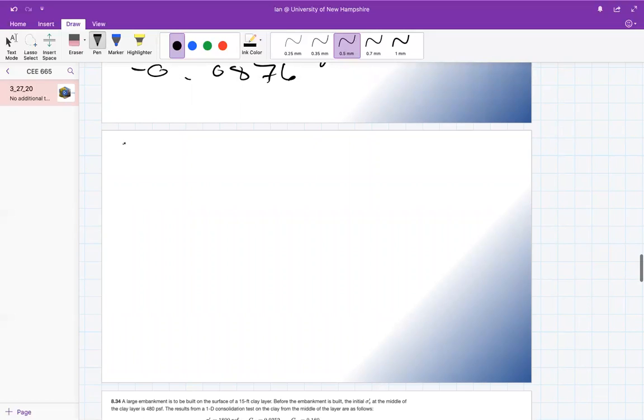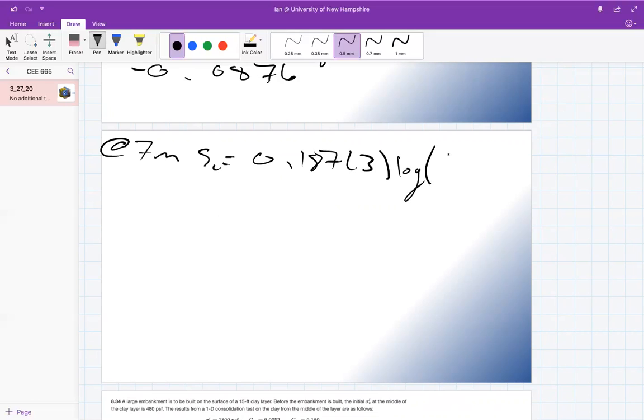And we're going to repeat at 7 meters, which SC equals 0.187 times 3 log of 136.4 plus 74.7 and then 36.4.